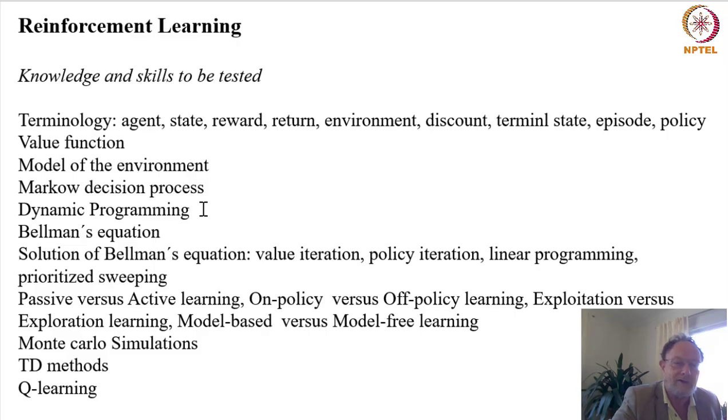And then we talked about various ways of attacking the solution to such problems: dynamic programming, Monte Carlo simulations, and finally temporal difference models with Q-learning as our main example. Of course, we also discussed some more principled distinctions between various approaches here, passive versus active, on-policy versus off-policy, and so on. So this became a pretty substantial part.